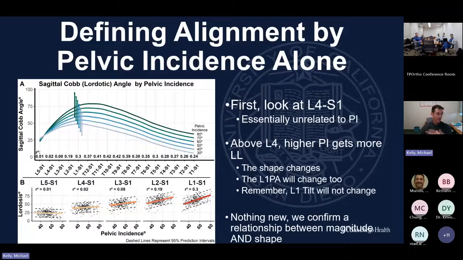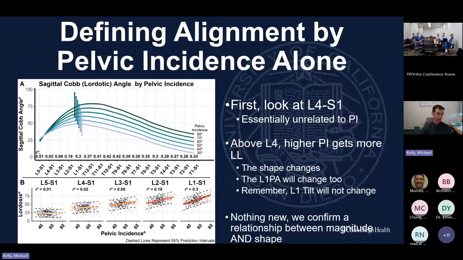And so if you try to define alignment by PI alone, right, and you first look at L4 to S1, the R squared is 0.01 at L5-S1. It means there's no relationship between PI and L5-S1. Look at L4 to S1, 0.02. And this is exactly what the French said, looking at the developing spine.